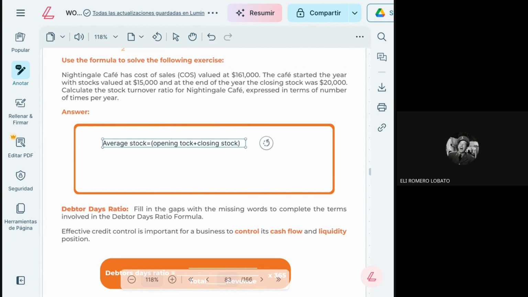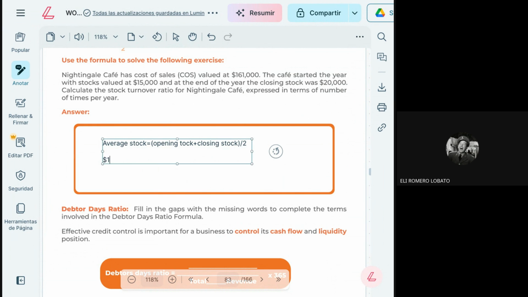Then we divide it over 2 because of the year. After with this, we got the average stock. So let me show you.